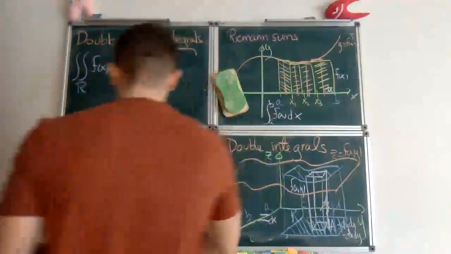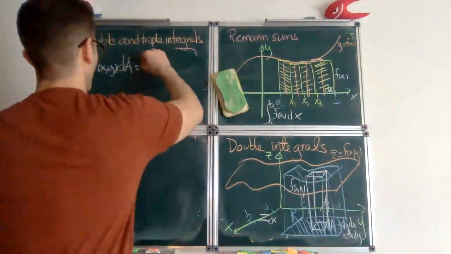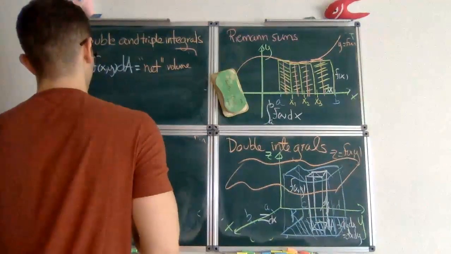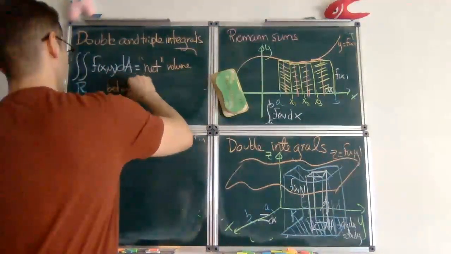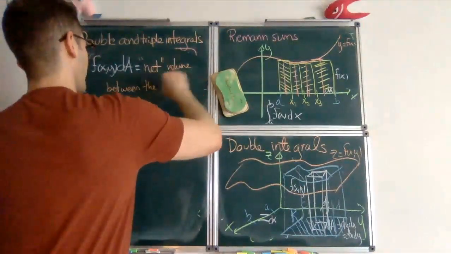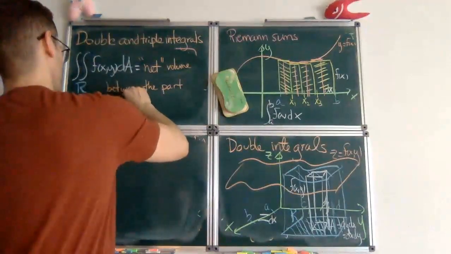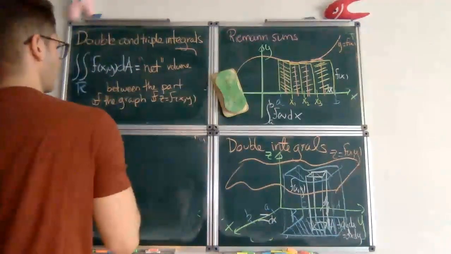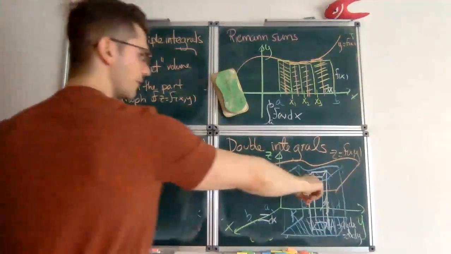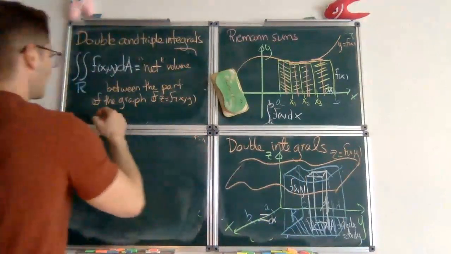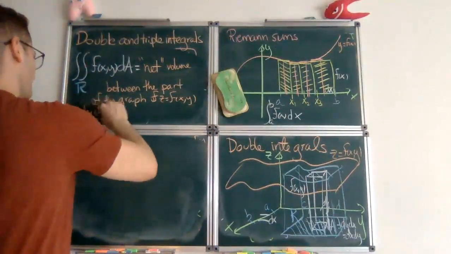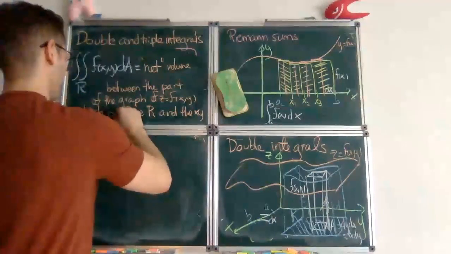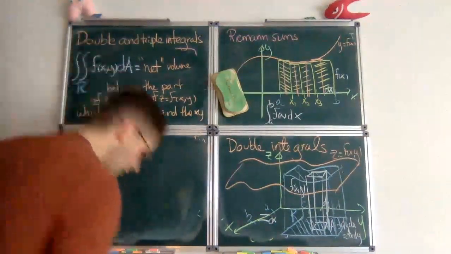So again, this double integral you should think of as a form of net volume, between the part of the graph of the function which is above R, and the xy plane. Okay?